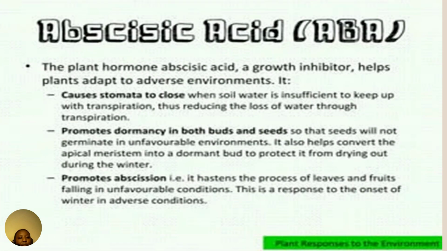Then we move on to the next hormone, which is abscisic acid. Abscisic acid causes the stomata to close. It promotes dormancy in both buds and seeds. It also hastens the process of leaves and fruits falling in unfavorable conditions. This is the response to the onset of winter or adverse conditions.